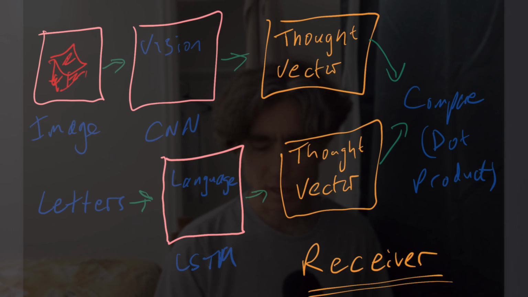The receiver takes each image, passes it to the vision module, the CNN, to get a thought vector, and then compares that thought vector with the thought vector from the utterance received from the sender. Whichever image has a thought vector with the highest similarity with the language thought vector, that's the image that the receiver is going to choose.